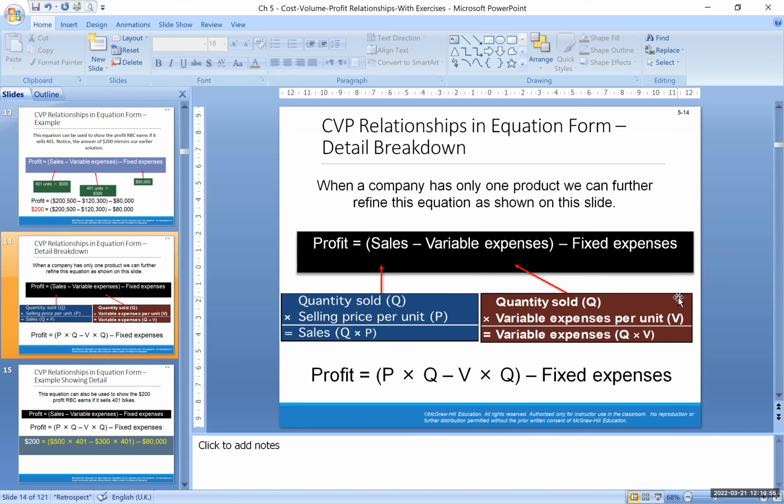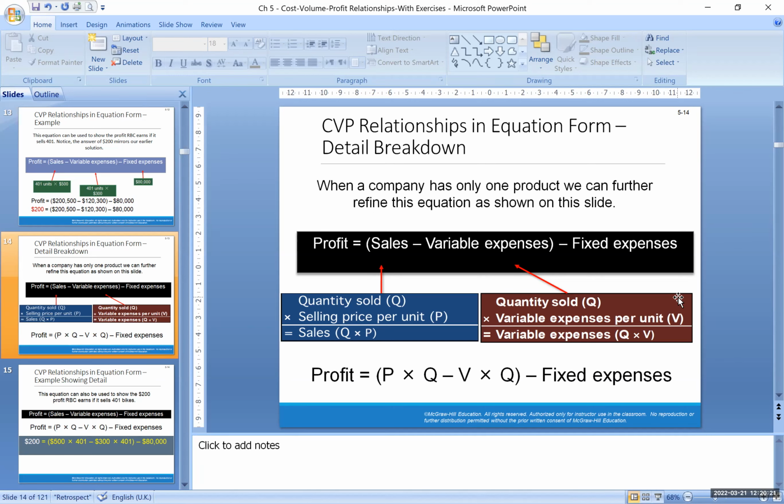Again, the detailed breakdown for the equation form. When a company has only one product, we can further refine this equation as shown on this slide. Again, profit is equal to, between brackets, sales minus variable expenses, all minus fixed expenses. The sales can be represented by what?